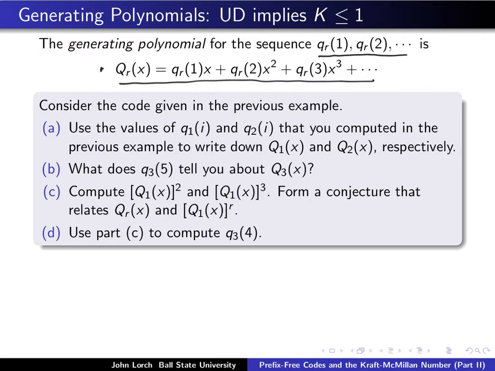So if we use the code that we defined in the previous example, let's write down the generating polynomials capital Q sub 1 and capital Q sub 2.